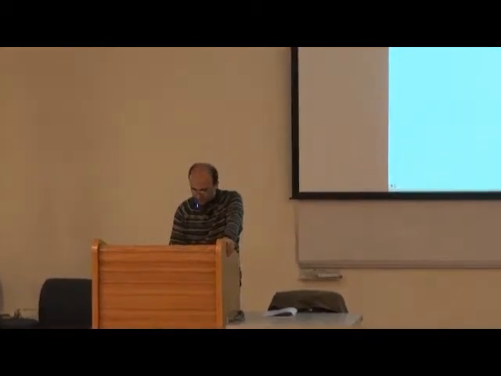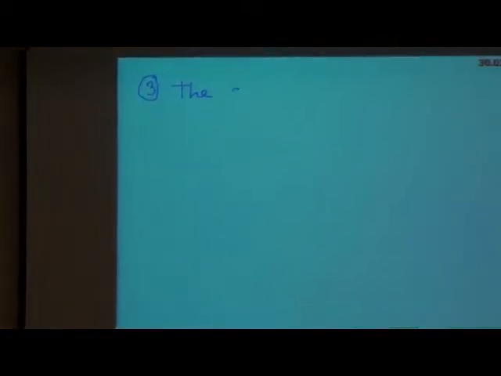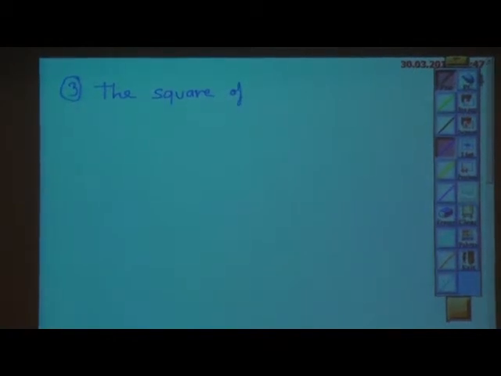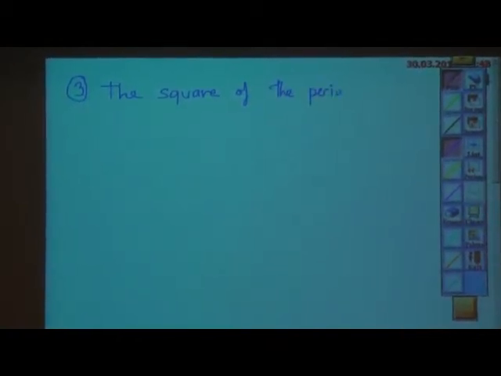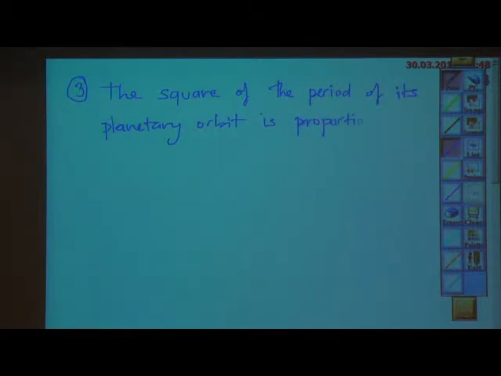In the third law, he stated that the square of the period of its planetary orbit is proportional to the cube of what's called the semi-major axis. Now this is something new.